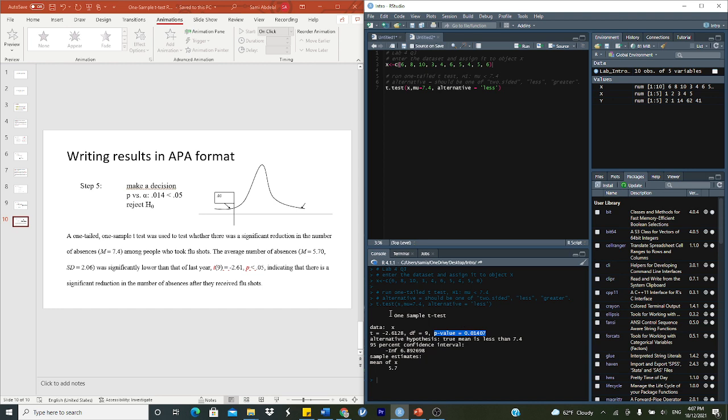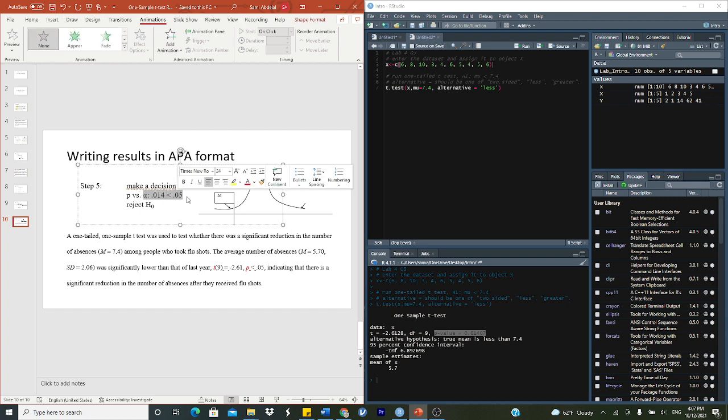Just using this p-value here, the p that we got is less than 0.05, so we can reject the null hypothesis. And usually I think you guys are more used to just writing this out.